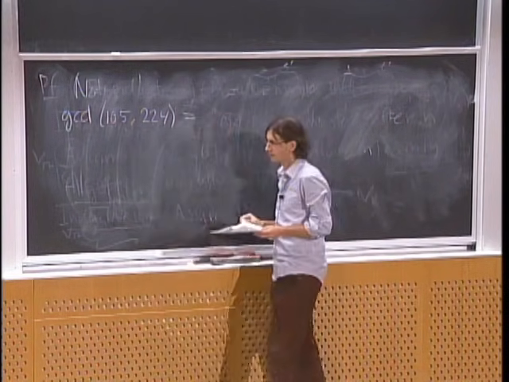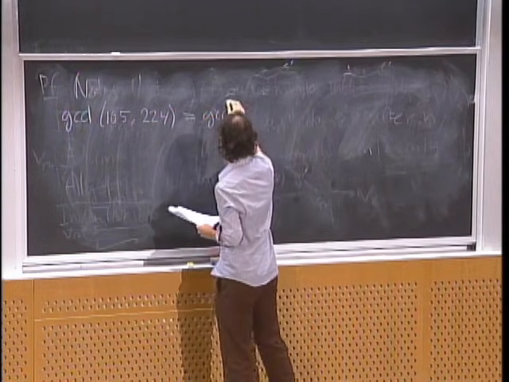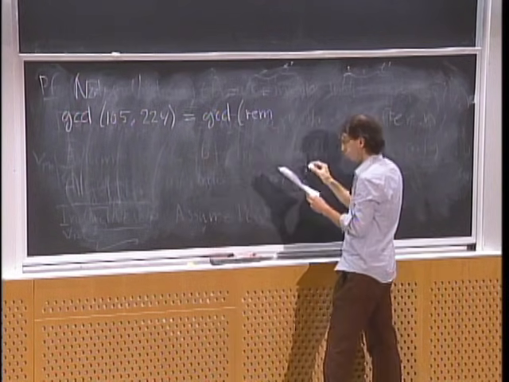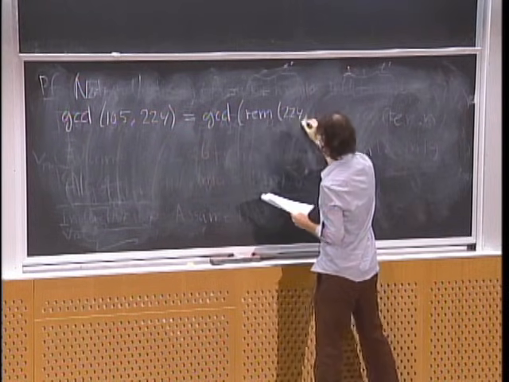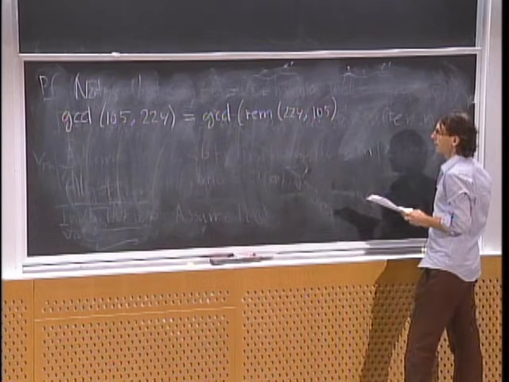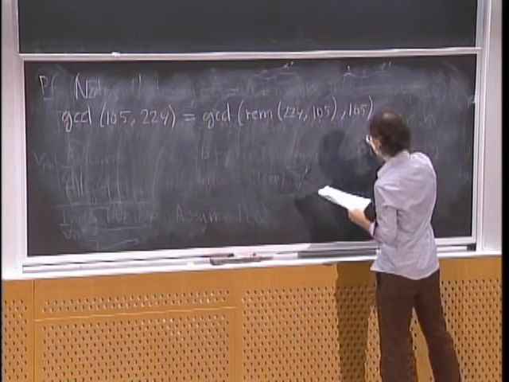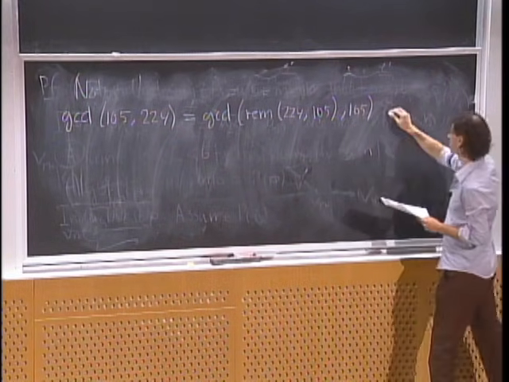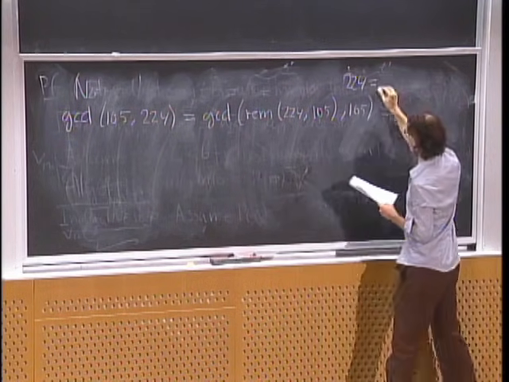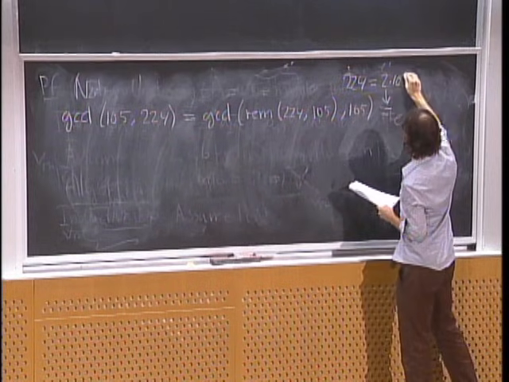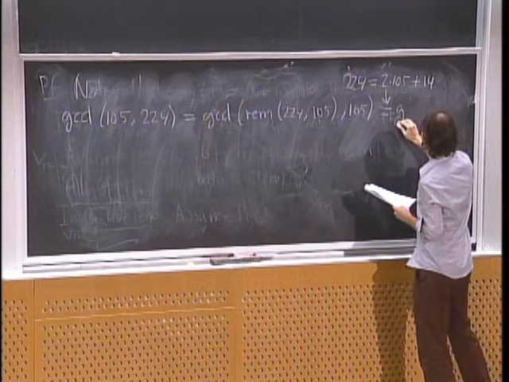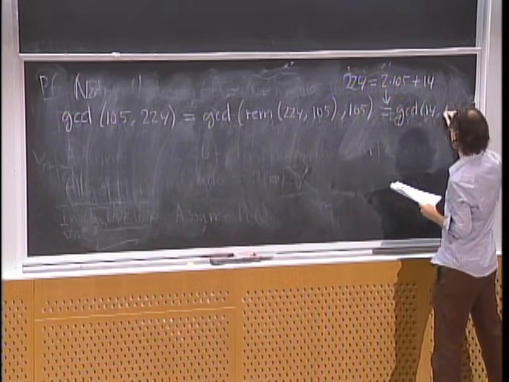According to this lemma, we can rewrite this as the greatest common divisor of first the remainder of 224 after dividing out as many multiples of 105 as possible, and 105. So what are we going to use here? We're going to use that 224 is actually equal to 2 times 105 plus 14. So we have the GCD of 14 and 105.